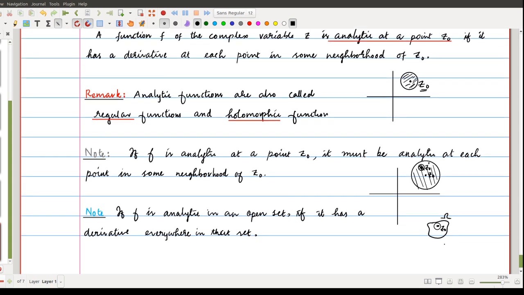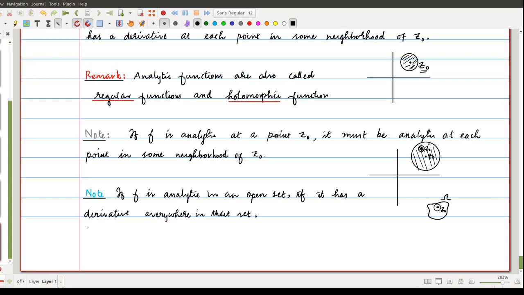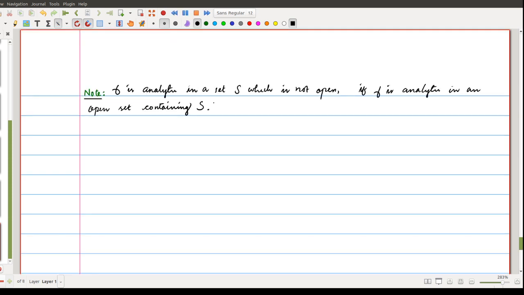In a similar fashion, you can define an analytic function on a closed set. That is, f is analytic on a closed set if it has a derivative everywhere in an open set which contains this closed set. Next, the analyticity of a function in a closed set.